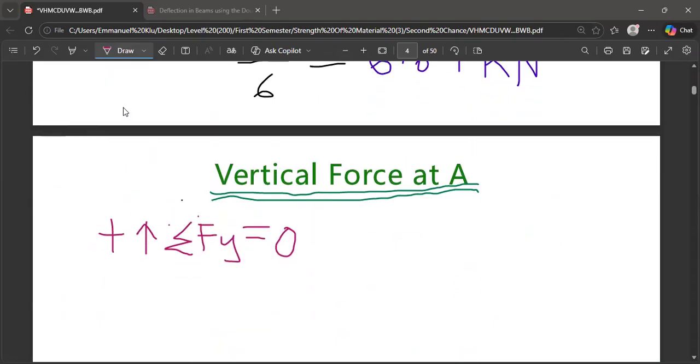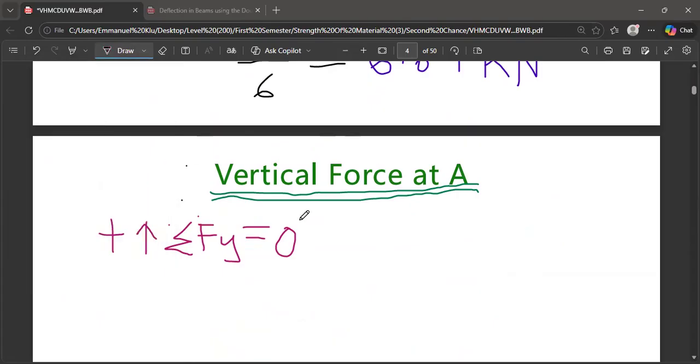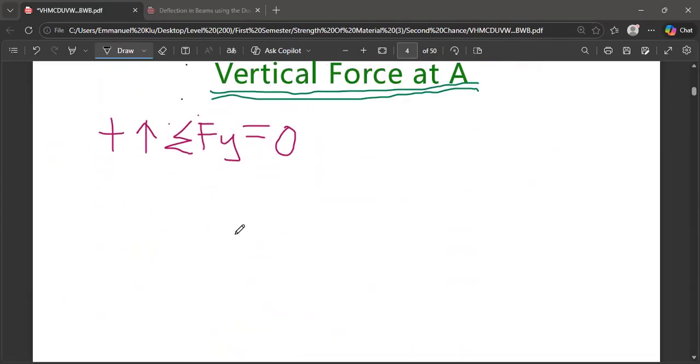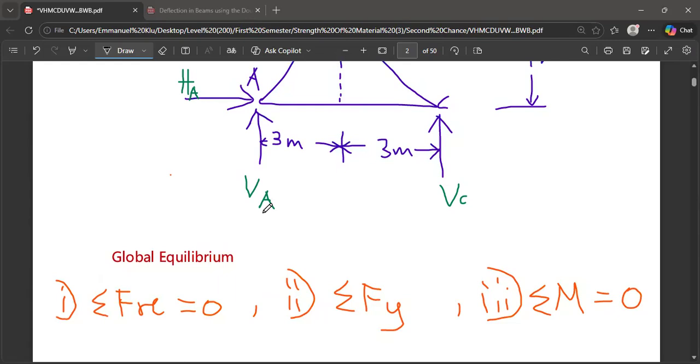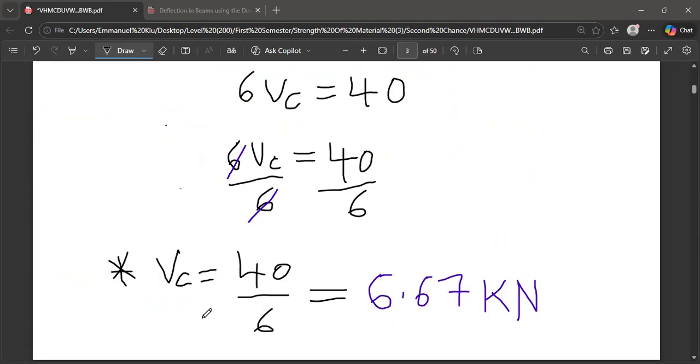Okay, so from here, let's rewrite this well. So for the vertical force at A, we can now compare the vertical forces. Look at the vertical forces over here, VA and VC. So we say that VA is moving upwards. So positive VA, plus, which one again?